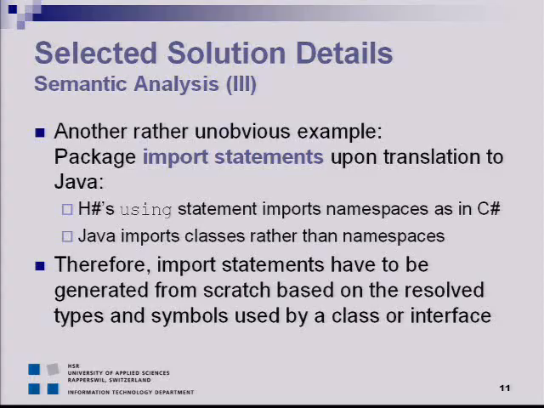Since A# or C# has its using statement, which imports whole namespaces and namespace hierarchies, but Java does import single classes. Therefore, the import statements cannot just be taken over from C#, but have to be rewritten from scratch.